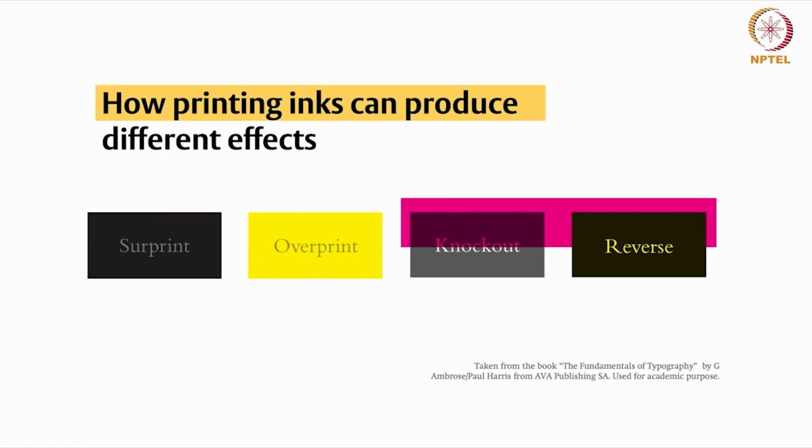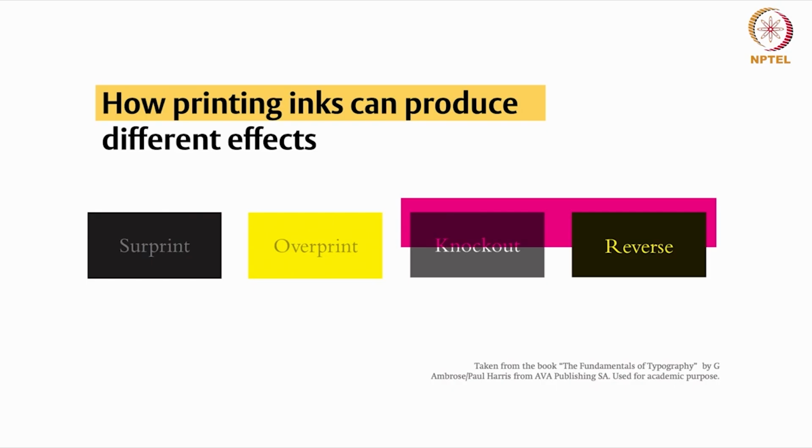So in contrast, if you look into the reverse concept, a reverse sees one color printing out of another, not allowing any other elements to show through. So it totally blocks the color.